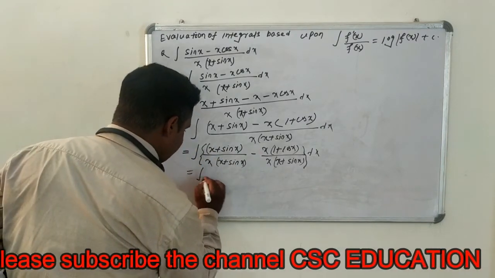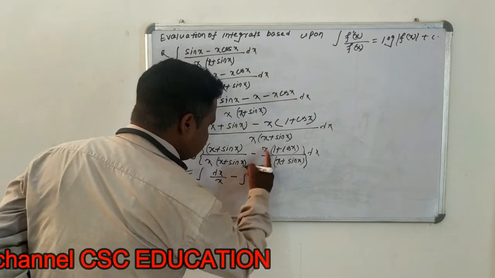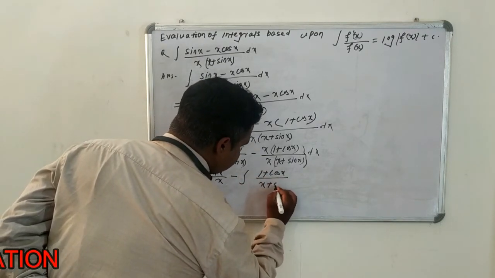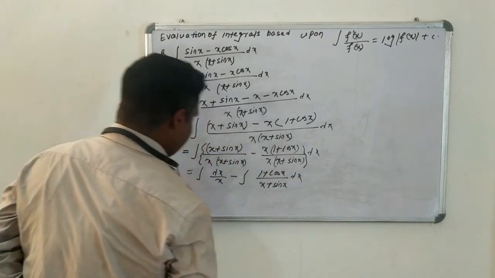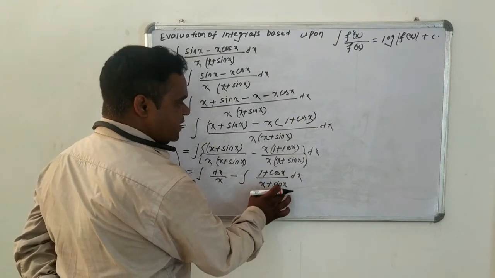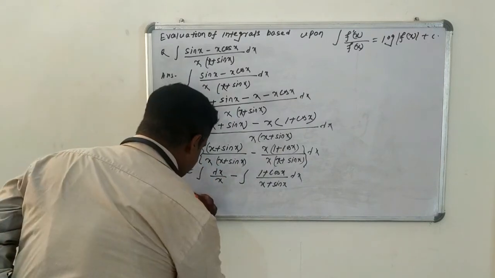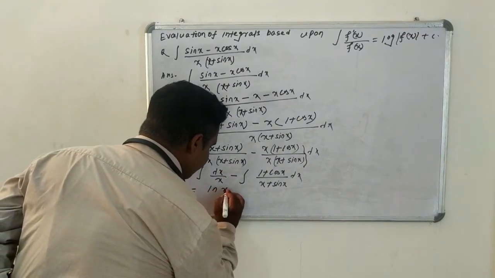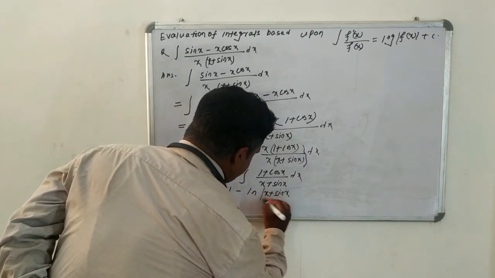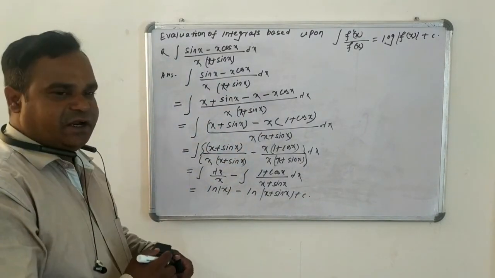So the integral is dx by x minus 1 plus cos x divided by x plus sin x dx. This is in direct form: put x plus sin x as t, so the derivative part is formed. So this equals ln of x minus ln of x plus sin x plus c, where c is the arbitrary constant or integration constant.